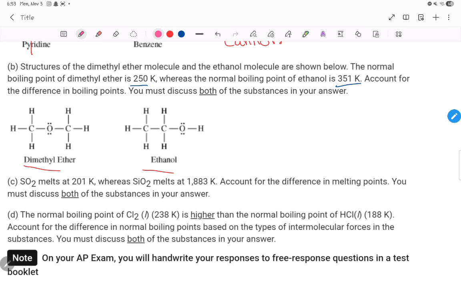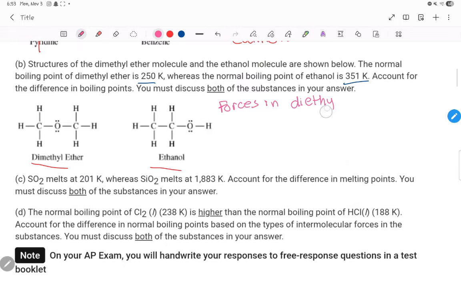But very simply, what we can state first of all is the forces in dimethyl ether. Okay? What are the forces found in dimethyl ether? It only consists of 2 forces. The very first force is the LDF, which is the instantaneous dipole-induced dipole, because of course all molecules have that.